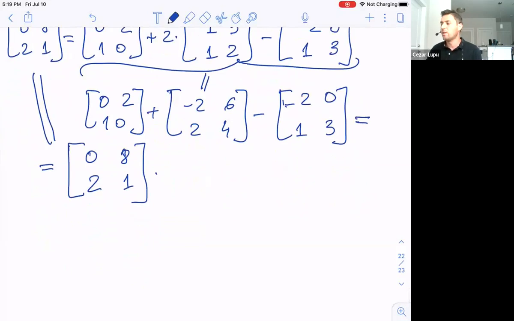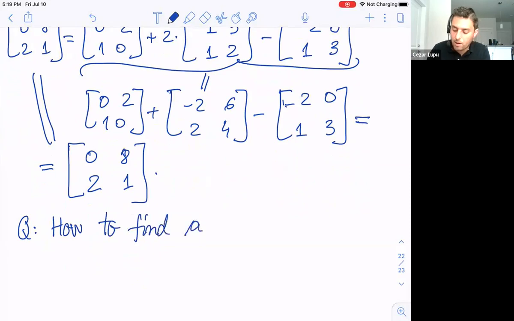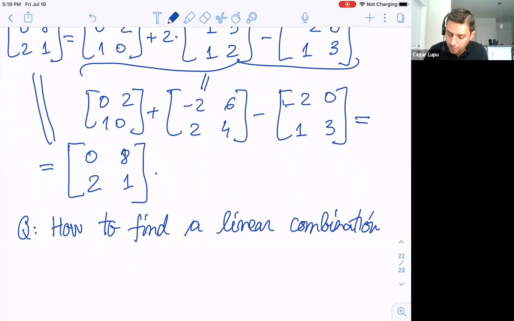Okay, that's great. Now, as you can see in these two examples, I only provided the linear combination, but a legitimate question for you to ask is how to find a linear combination of vectors.